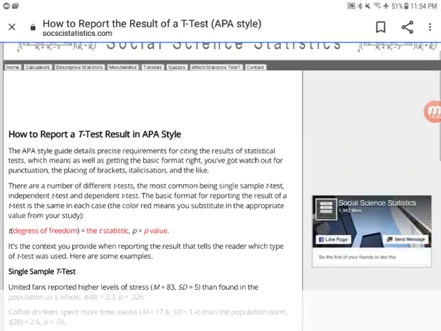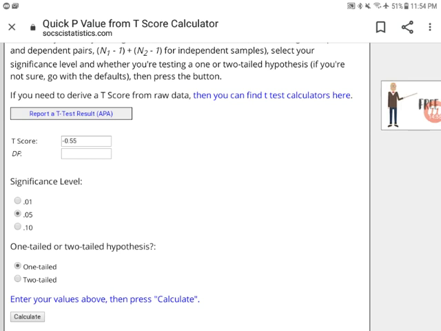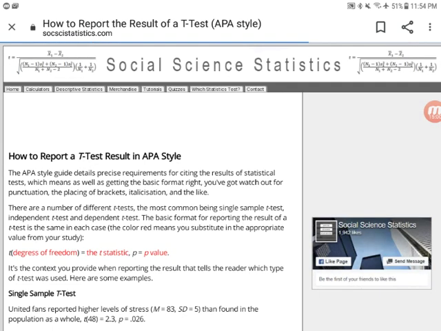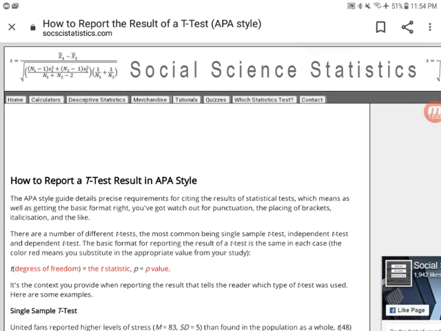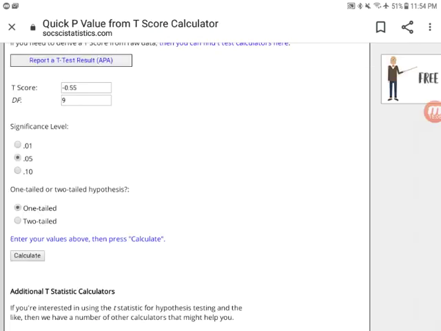And of course, it is not perfect, so take your time and work on it. We have our t-score, our degree of freedom. Our significance level is 5%, which is 0.05, and we know that it was a left tail, so it's a one tail. Let's calculate that and see what happens.